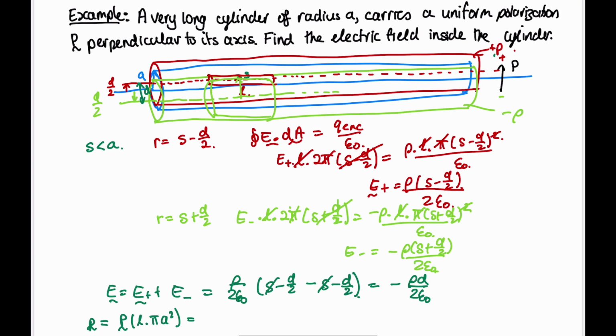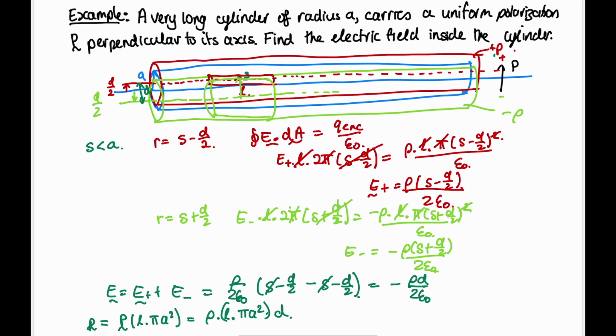So the total charge is just going to be that charge density times L times pi a squared. That's the volume, times D to get our dipole.